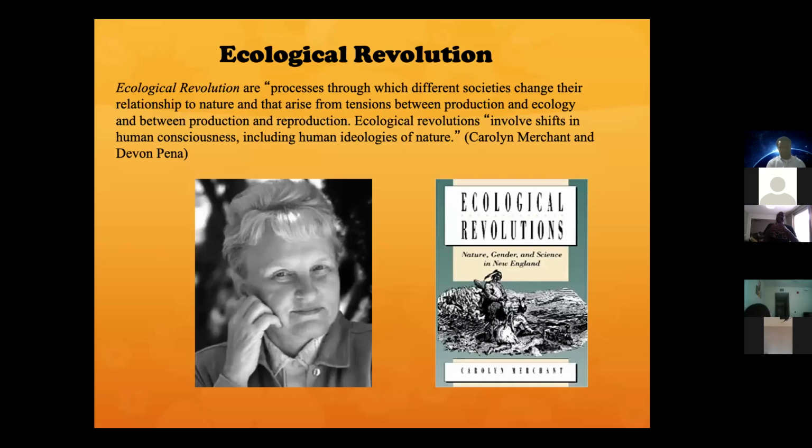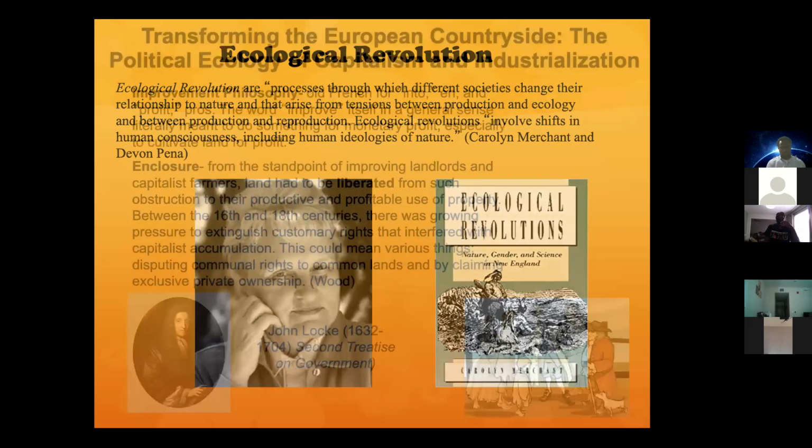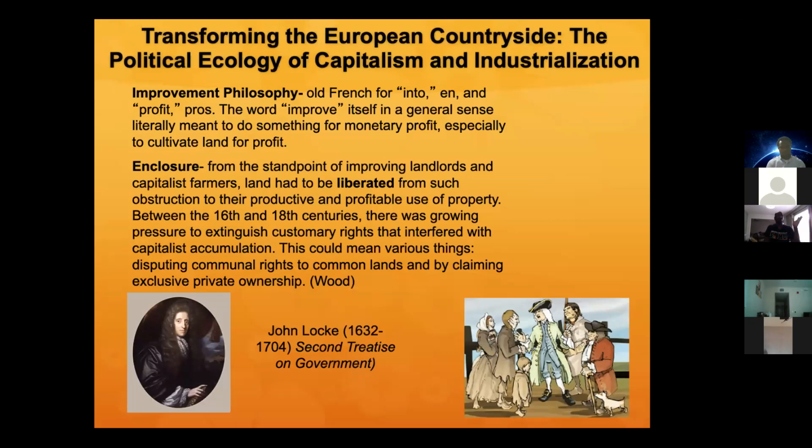So an ecological revolution essentially took place during the season of 1492. And we explore in the class what that impact is on people of African descent, right? And we talk about different things like the political ecology of capitalism and industrialization.